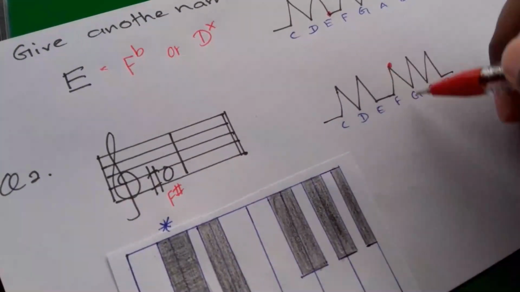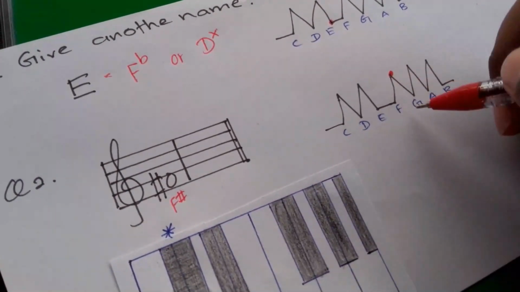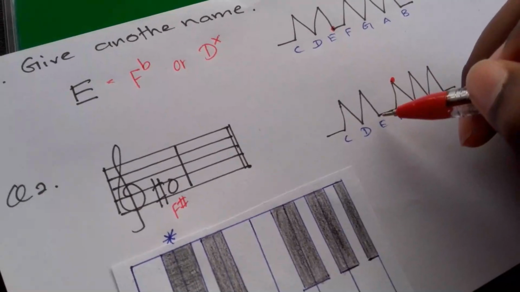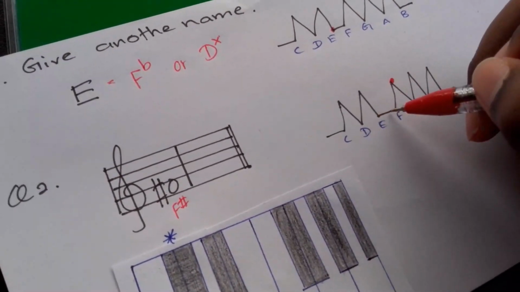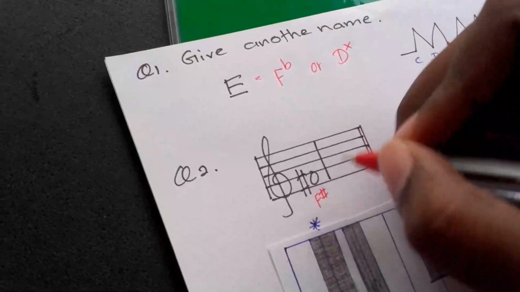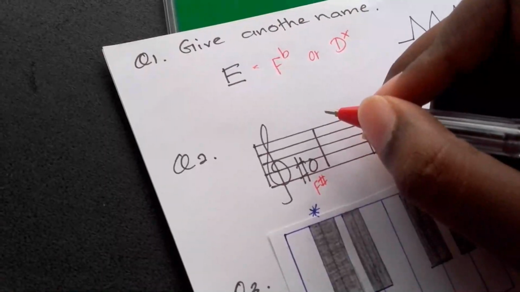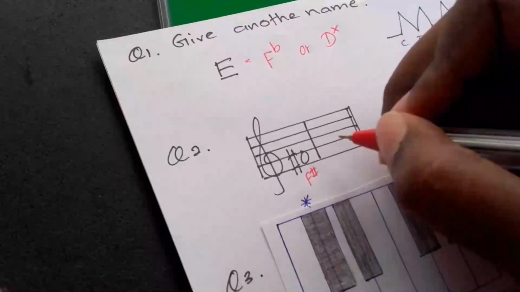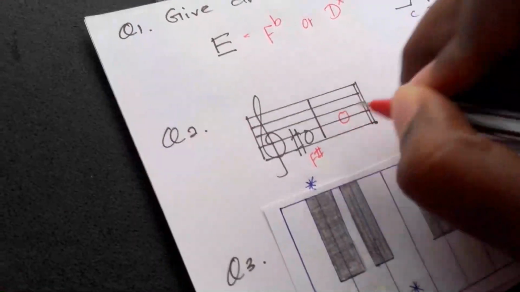This black note here, either you can give it using G, or you can give the name using E. You can give G flat, or you can give E double sharp. G flat or E double sharp. So we'll go with G flat. You must always make sure you write the note closer to the given pitch. There is a G over here above the stave, you can't draw that. You must draw the G closer to the given pitch. So you can write G flat.